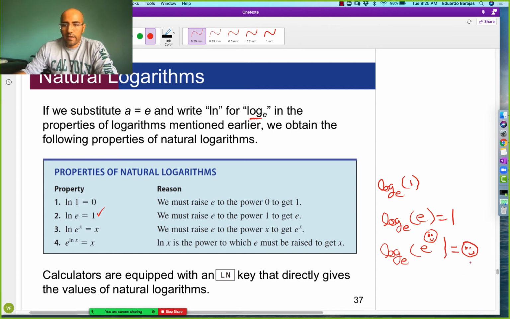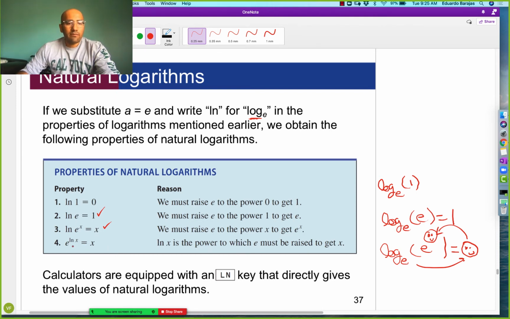This raised to that power must be whatever's in there. So that's why this is true. ln of e to the x equals x. Another way to think about it is the ln function and the exponential function base e are inverses of each other. They undo each other, therefore it must be equal to this.